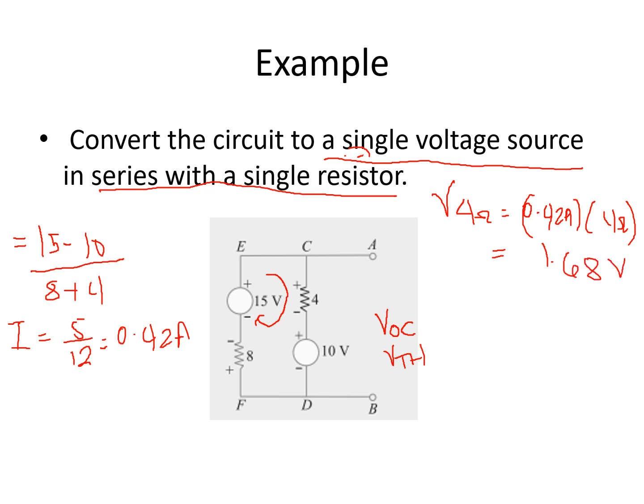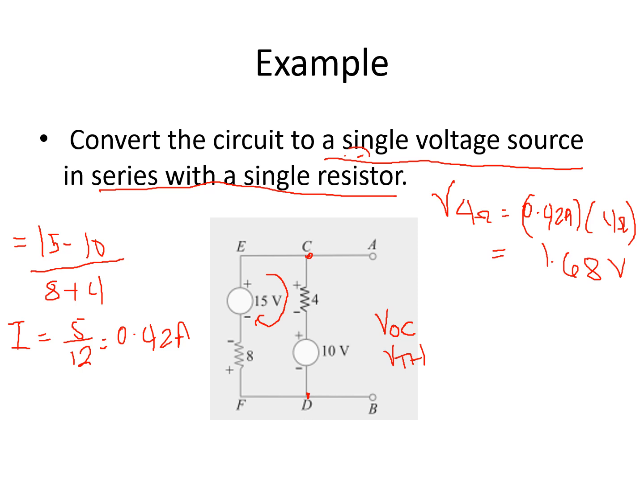Okay? So as you can see, the voltage across here at A and B is equal to the voltage across C and D. So the total voltage here, they are summing. Why? Because this is plus and minus, this is also plus and minus. So they have the same sign.